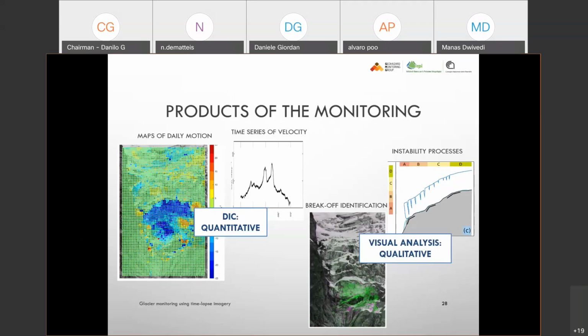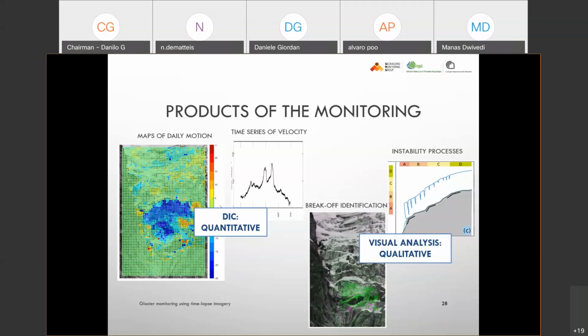But what are the products of the monitoring? There are two main products. One is quantitative, and it is provided by digital image correlation. That is the surface velocity of the glacier, that can be observed as a surface map or as a time series of the velocity of a limited portion.